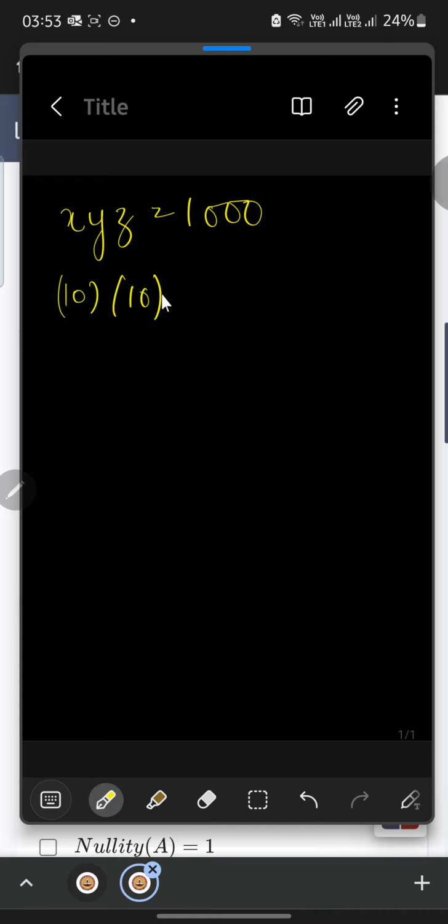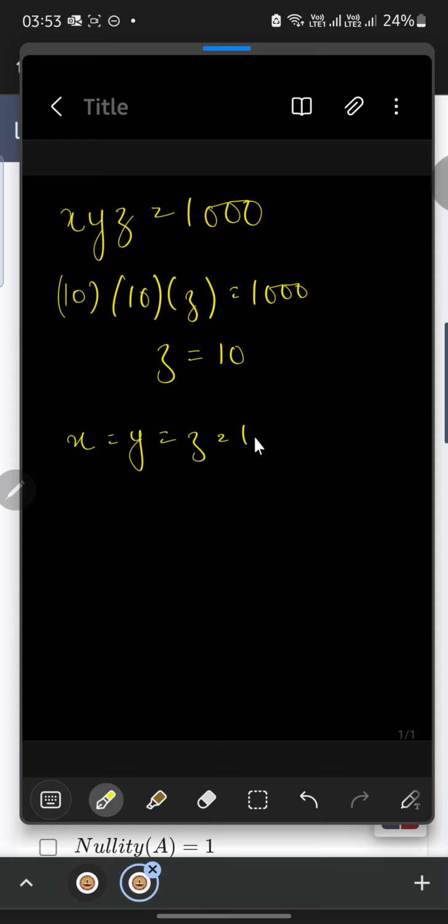We knew that xyz is equal to 1000 supposedly, so 10 into 10 into z equals 1000, and amazingly this is also 10, and x is equal to y is equal to z equals 10.